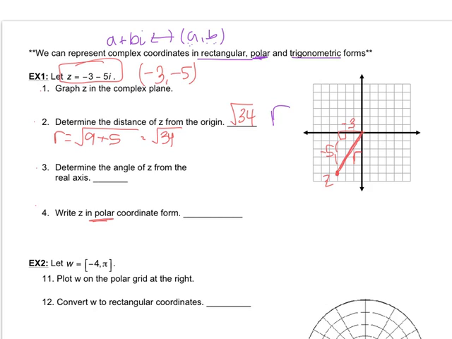Next is determine the angle of z from the real axis, which is just fancy for saying what is theta. Here's the real axis, and this line was rotated around. We want to figure out what that degree measure is, and then we've got theta, and then we've converted to polar form. If I want to find theta, I'm hoping by now that you all remember that theta equals the inverse tangent, not negative tangent, inverse tangent of y over x, which would be -5 over -3.